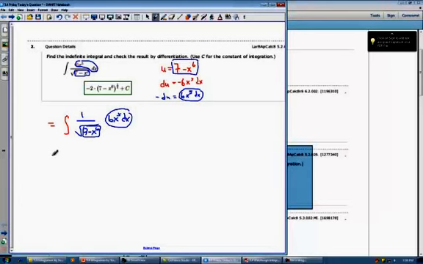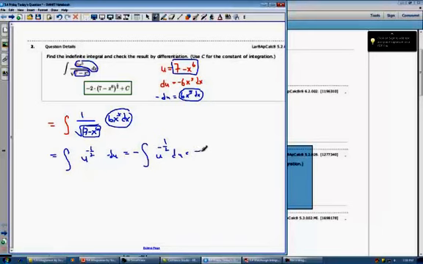So this is equal to the integral of u to the, now let's write this as a power, it's in the bottom, so minus 1/2, and then this thing was negative du. I can move the minus sign out in front, so this is minus the integral of u to the negative 1/2 du.